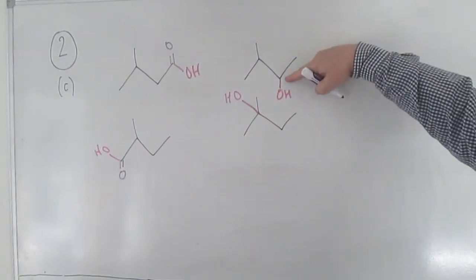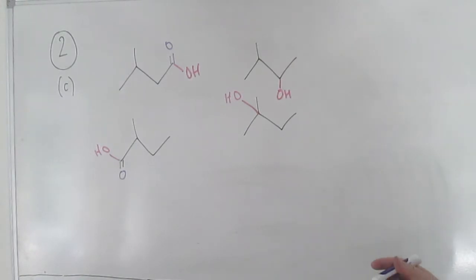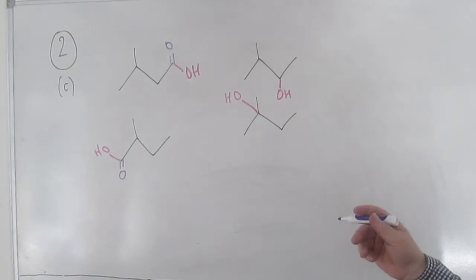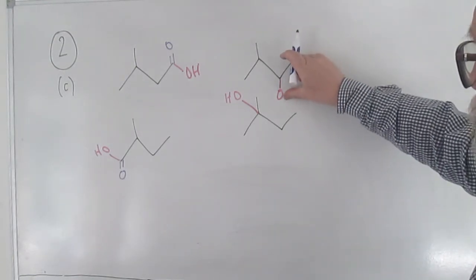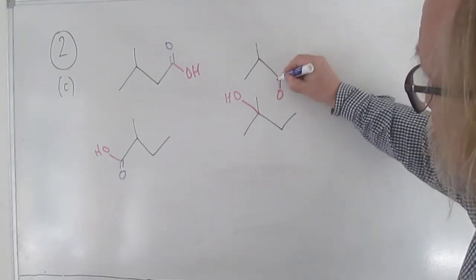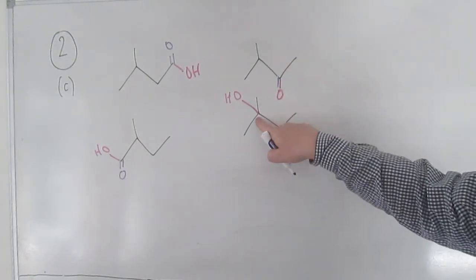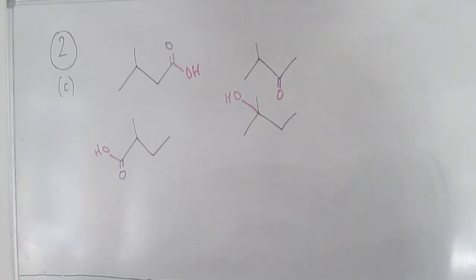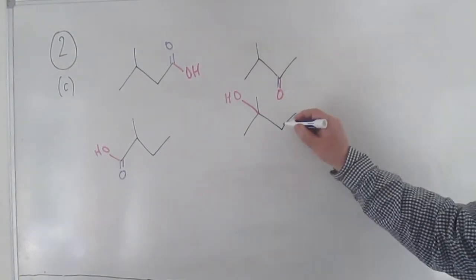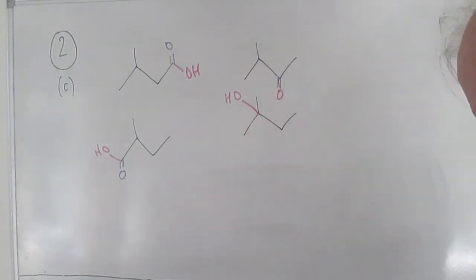This one is a secondary alcohol, and secondary alcohols, remember, get oxidized to ketones, but then they stop. You can't oxidize them any further, so this one will get oxidized to the ketone, which is that. But this one is a tertiary alcohol, and those can't be oxidized at all by aqueous acidic dichromate. And so that's the answer to part C, that compound A1 is this one.